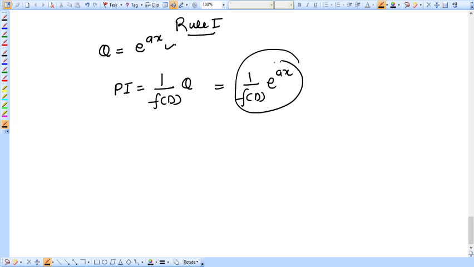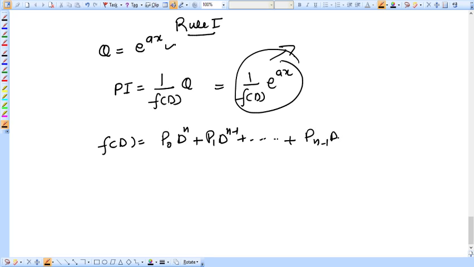So let us try to see what this could be. We know what f(D) is. f(D) is equal to p0 D^n plus p1 D^(n-1) up to so on plus p(n-1) D plus pn. Now what is f(D) e raised to power ax?